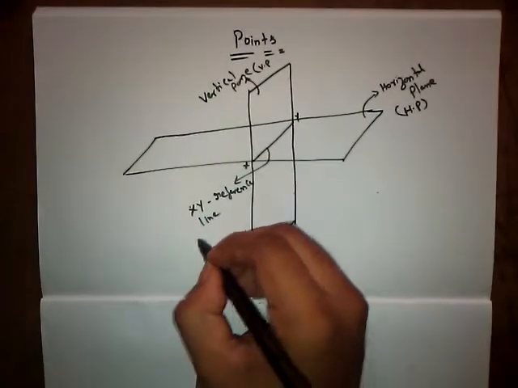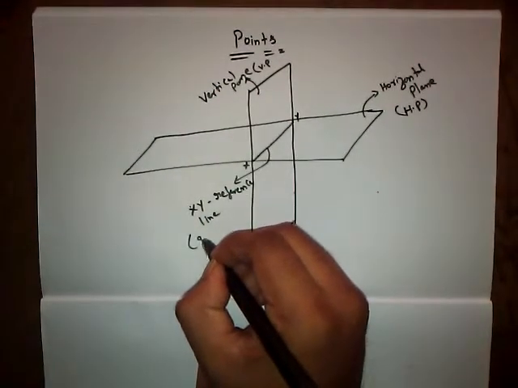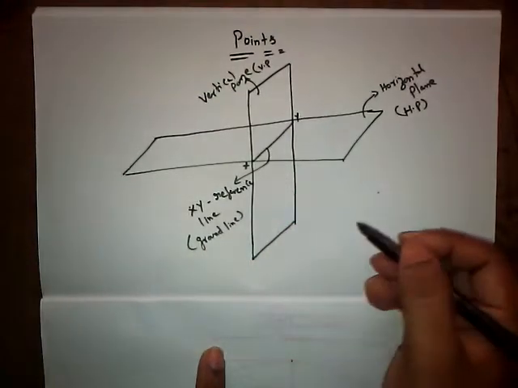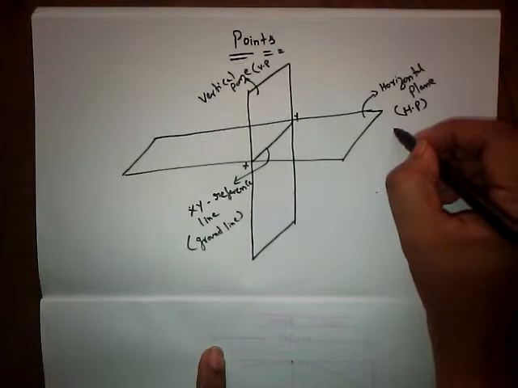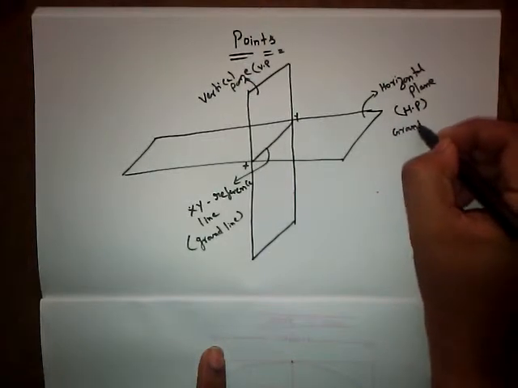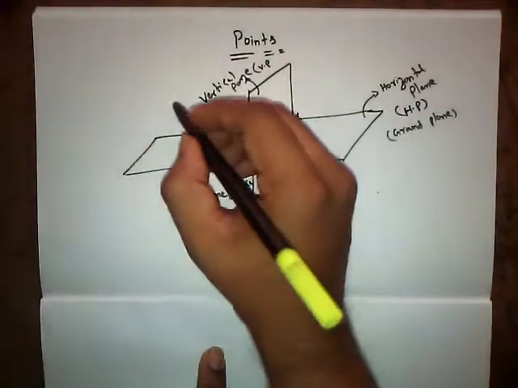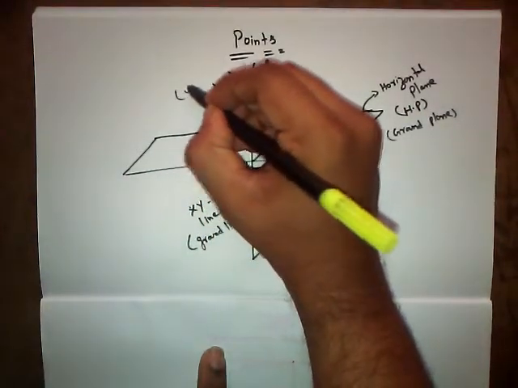Okay, the XY reference line is also known as the ground line, and this horizontal plane is known as the ground plane, and the vertical plane we can call it a wall.